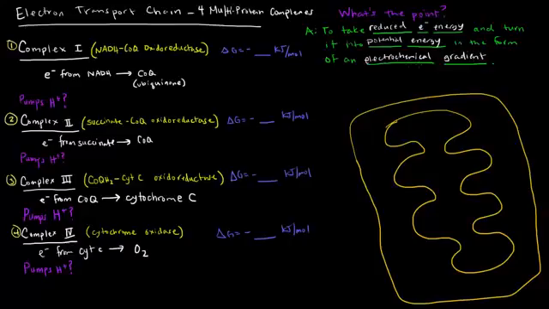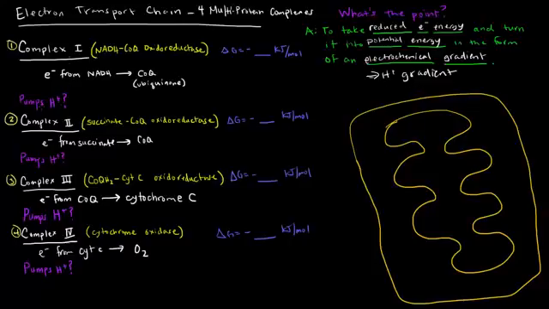When I mentioned this, I mentioned the proton gradient, right? The proton gradient, where the high concentration of protons was in the intermembrane space, and the low H+ concentration was in the matrix. So what we want out of these complexes is for these redox reactions to somehow cause the proton gradient to be established.